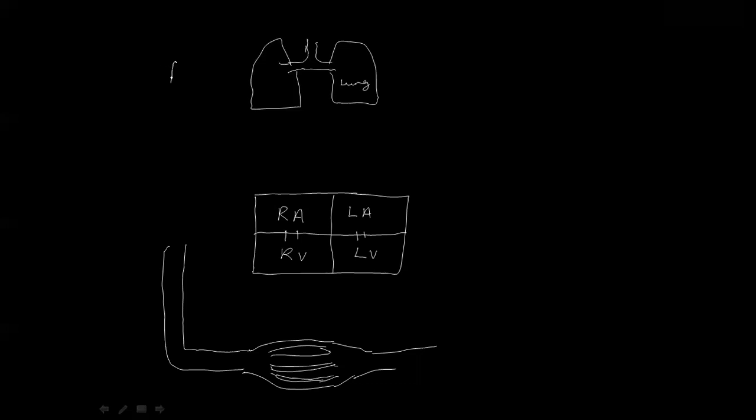I'll draw another line here, like that vessel coming down, and then this will go to the right, like this. Then I'll draw a vessel going from here to the lung.